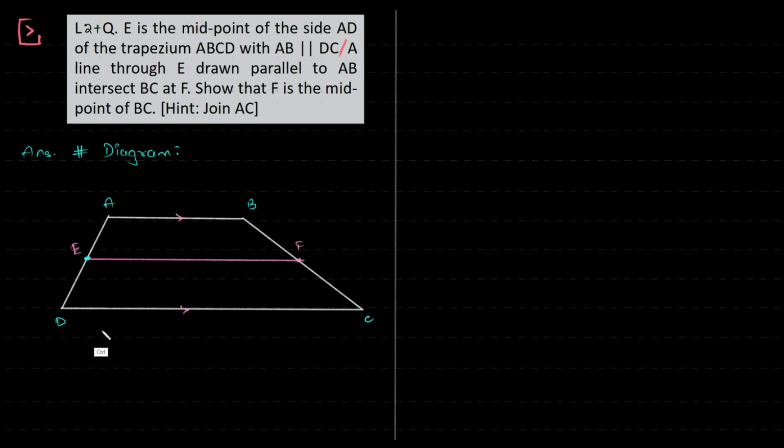Something like that. So for this, we have to make use of, again, the midpoint theorem. So for that, we'll do a bit of construction wherein you have AC and EF meeting at O. So we did a bit of construction, that is, we join AC and let O be the point of intersection.